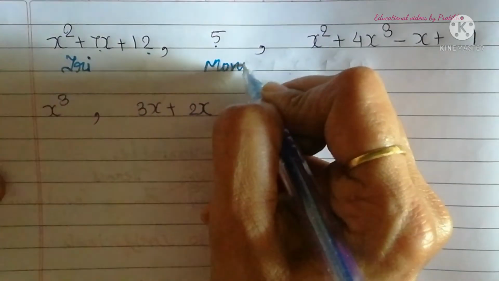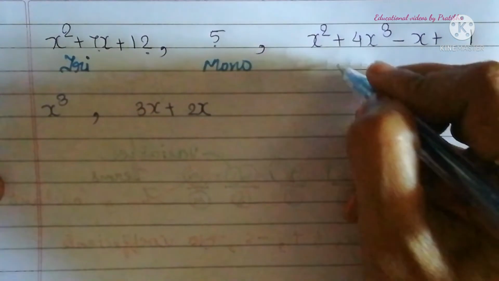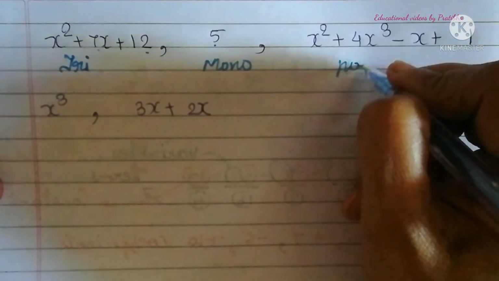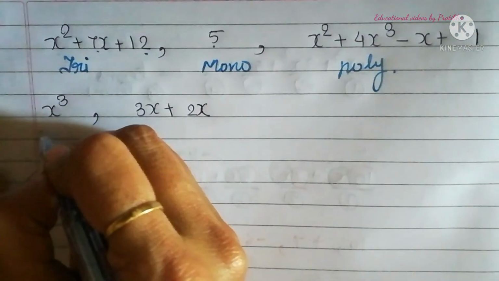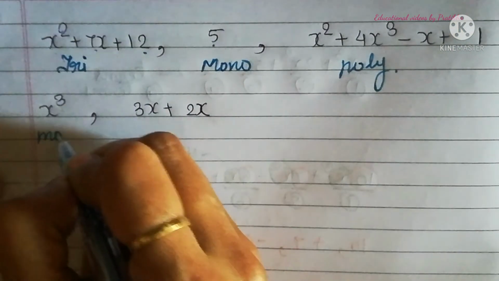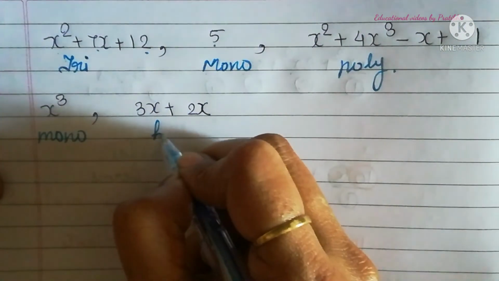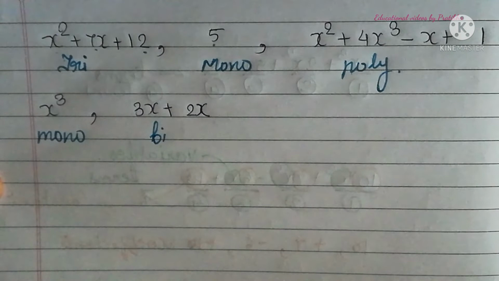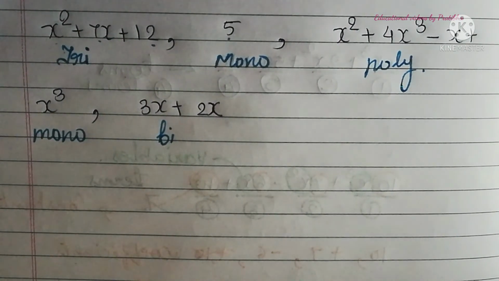So I am writing mono. Mono means 1. And in this example, there are 4 terms, that is more than 2 terms. If an expression has 2 terms or more than that, we call it a polynomial. Then the next example has 1 term, so we'll write monomial here, and bi means 2. So here 2 terms are there, so this example is a binomial.